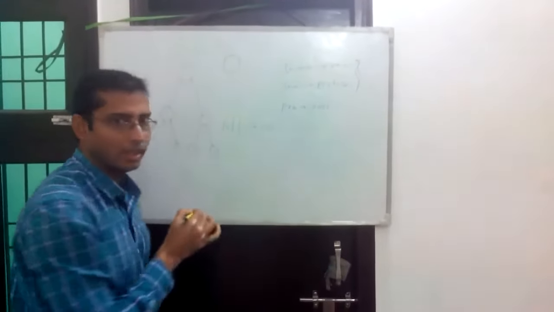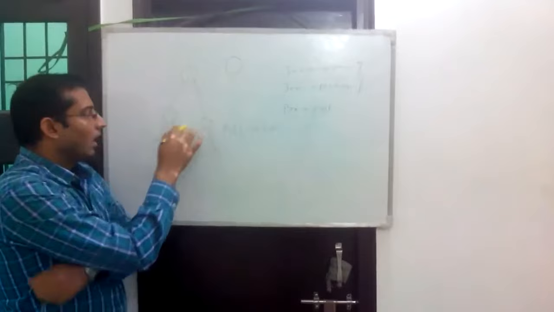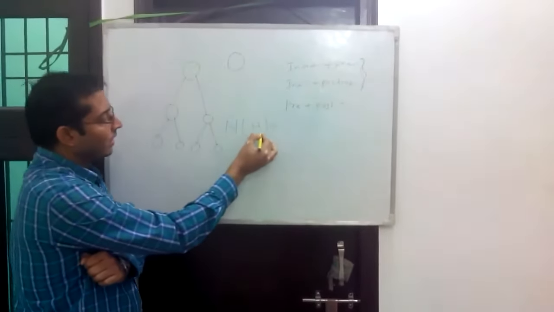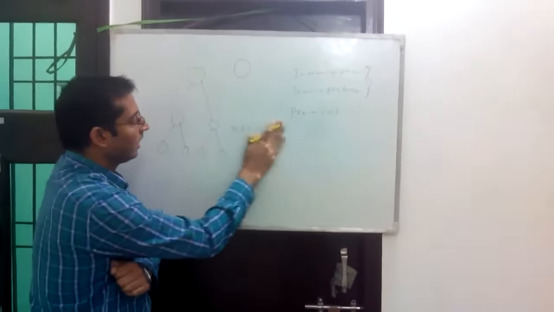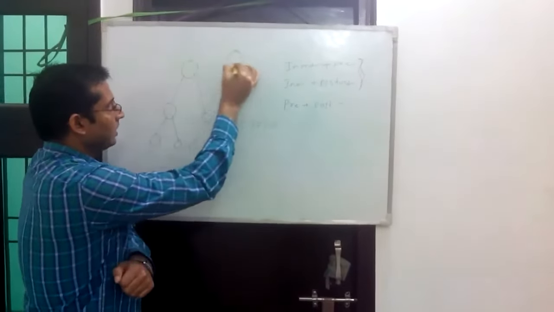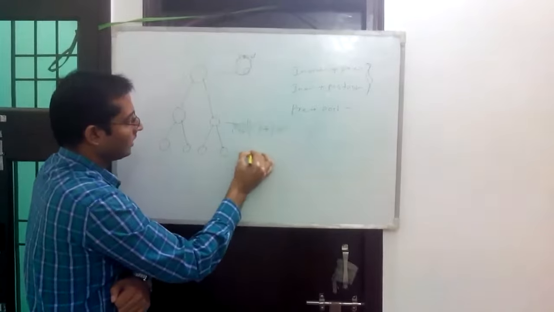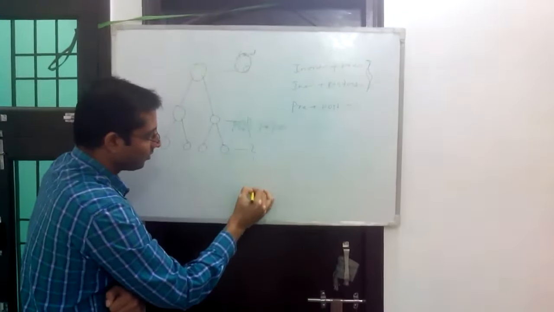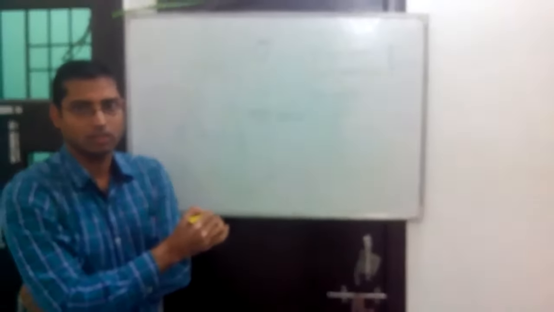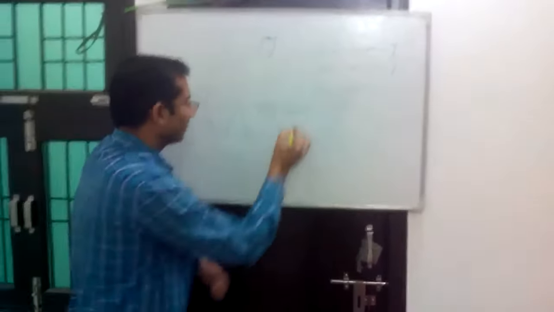I consider a full binary tree, and we have to find the nodes at height h. At height h means this is level 0, this is level 1, and this is level 2. Similarly, we have to find level h.